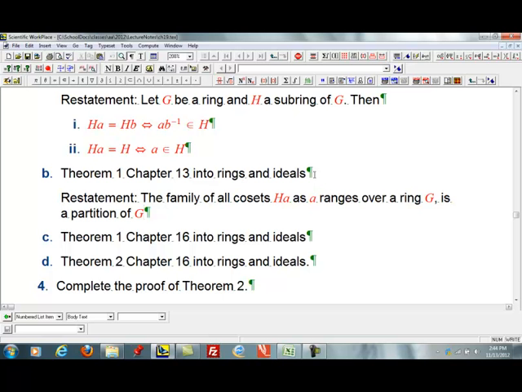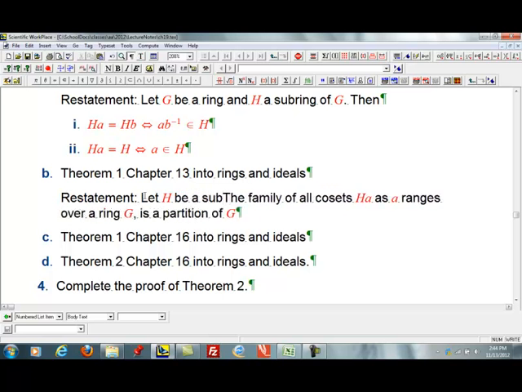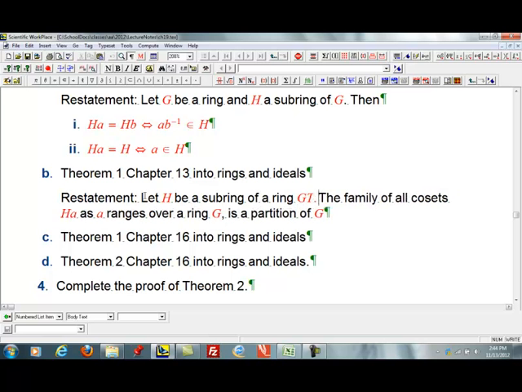So the family of cosets Ha, let's put that up here. Let H be a subgroup, sub what? Subring of a ring G. The family of all cosets Ha, as a ranges over G, and we can now take this part out.